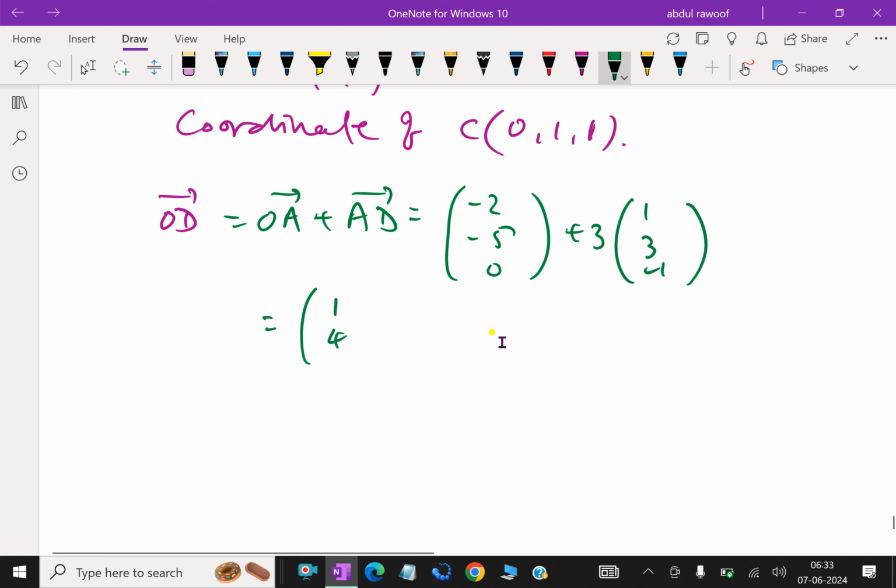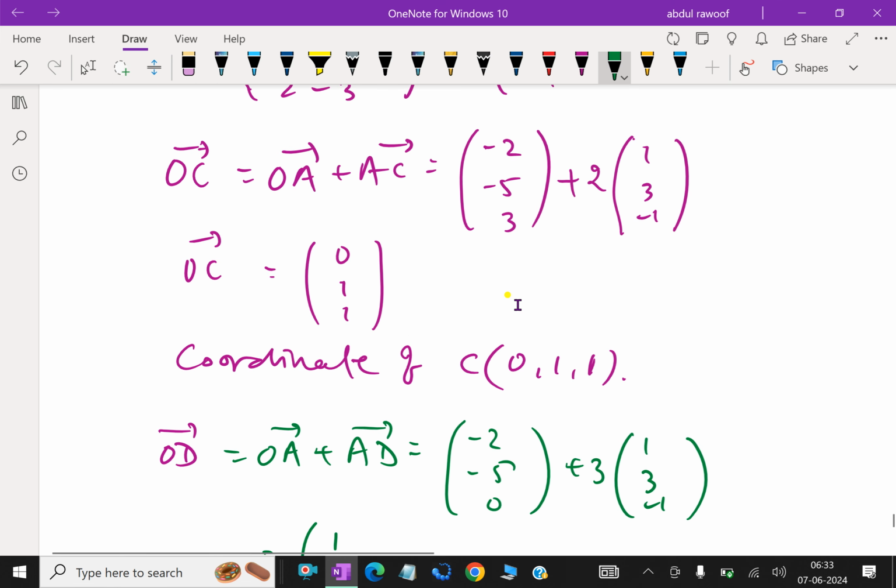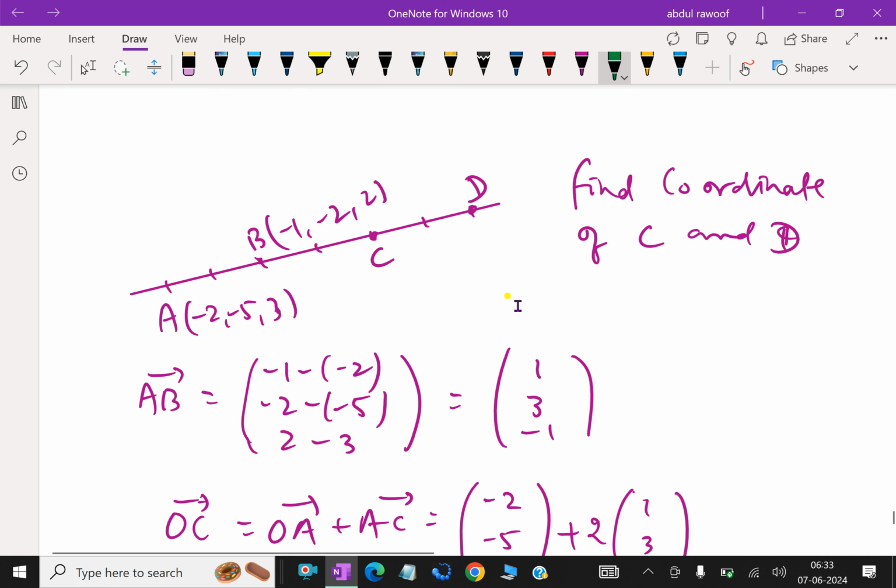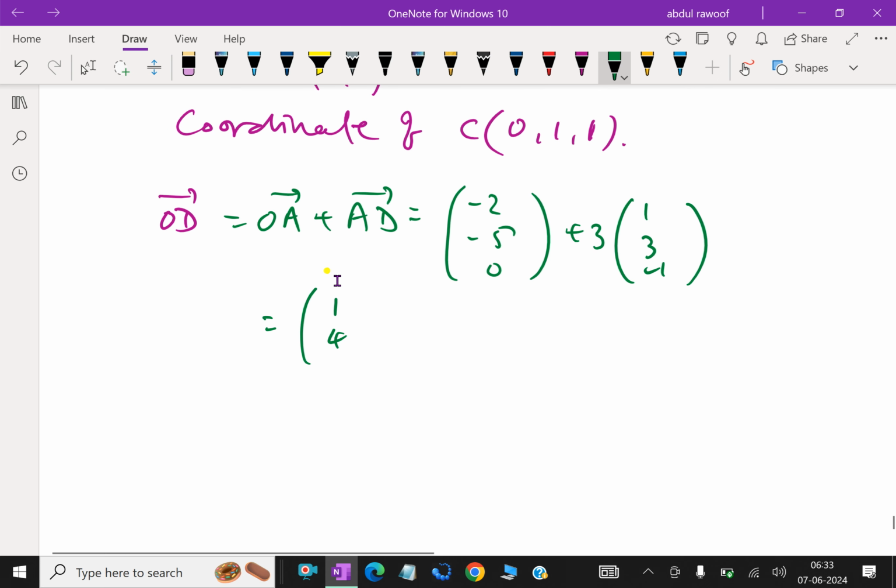One, 4 and, y equal to 2 minus 2, 5. Minus 2 minus 5, y is 3 here. This is 3, not 0 here.